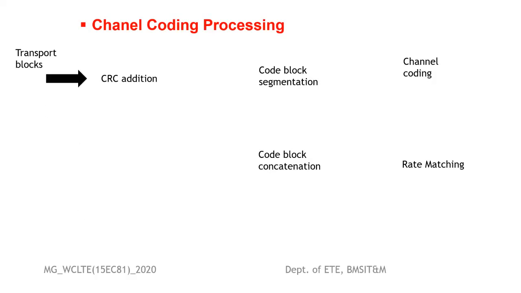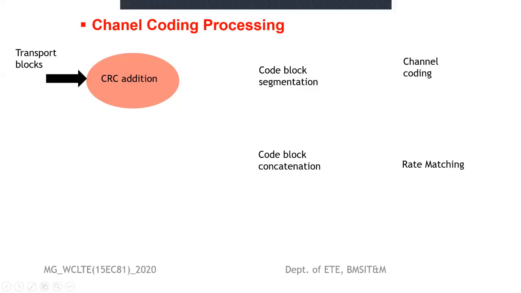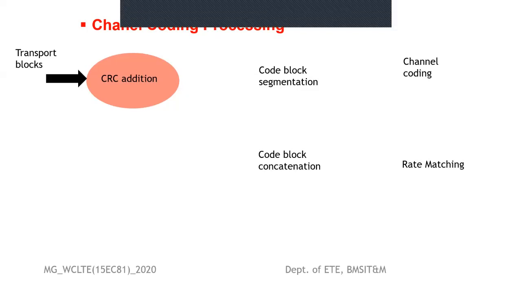The transport block is given as an input, where we add CRC to the transport blocks. What is the purpose of CRC? Do you have any idea what purpose CRCs are used for?